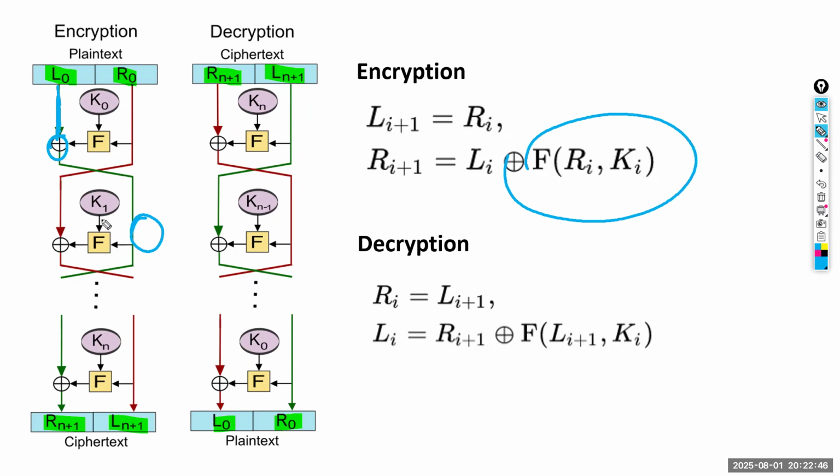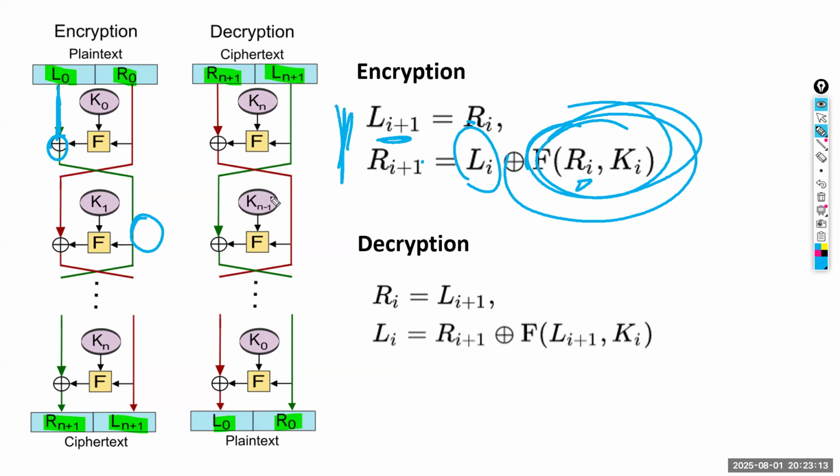For the next one, it is R1 and K1. And finally, it is Rn and Kn. This is encrypted to process this, but your Ri is just your next line.